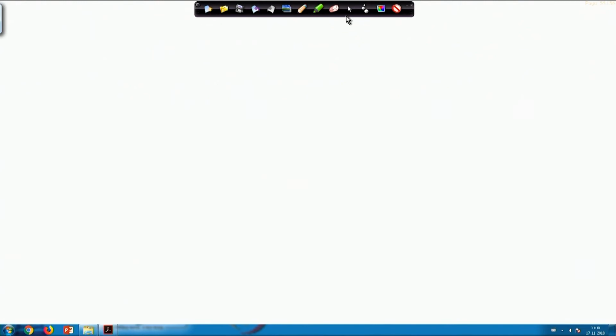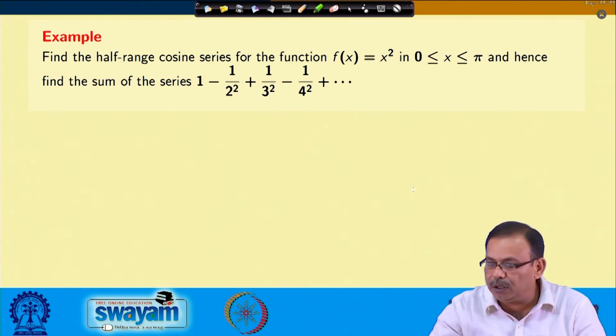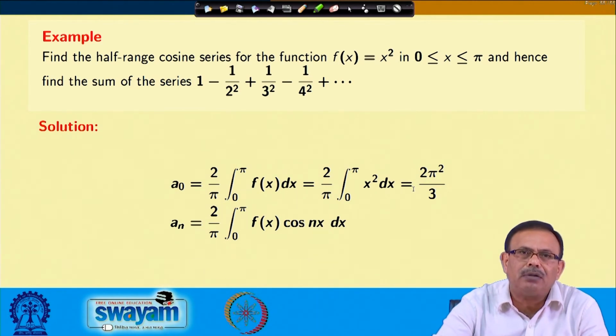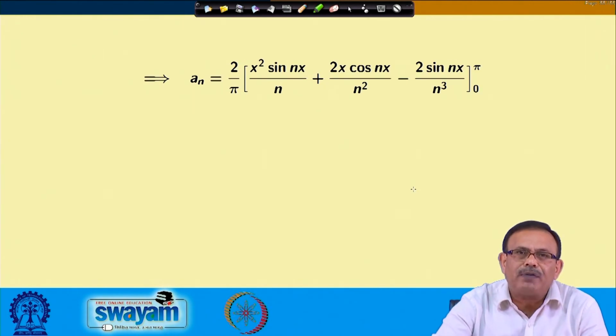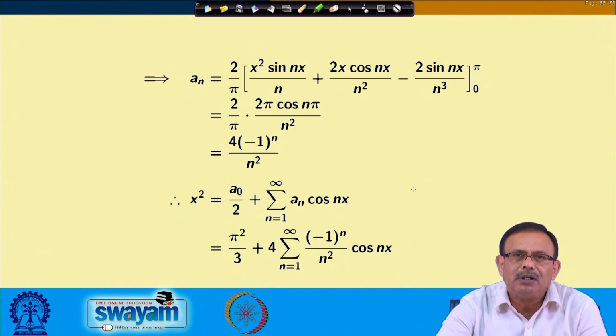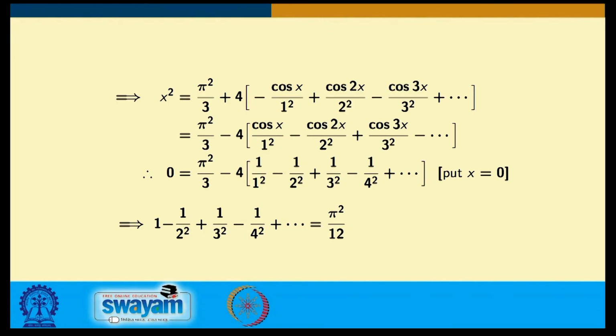Now, let us go back quickly. For this series, a naught and a n we are finding out. After finding a n, we are getting this value, 4 into minus 1 to the power n by n square. So, we are writing the series like this way, and if I express it, it will be this series.